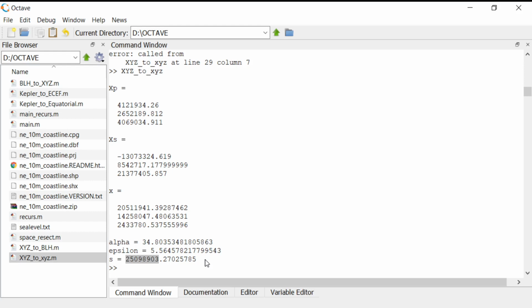Is this satellite visible from my standing point P? The answer is yes, because I look at my epsilon angle. If the epsilon angle is positive, this means that the satellite is over the horizon.